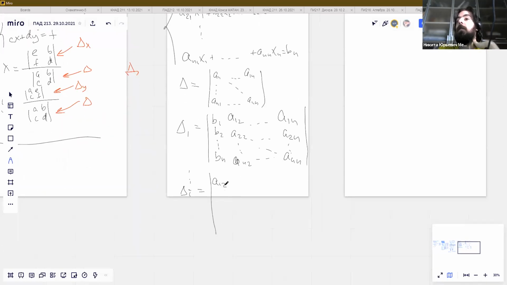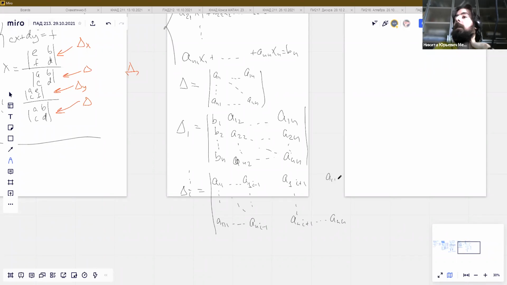We take the ith column. All the other columns stay the same, but we take the ith column and replace it.